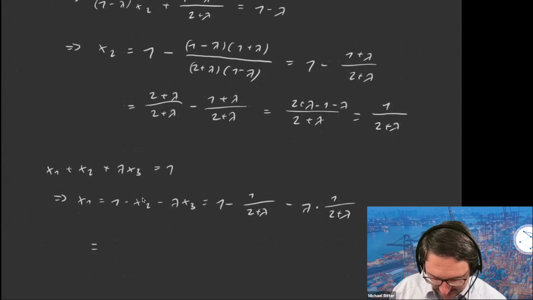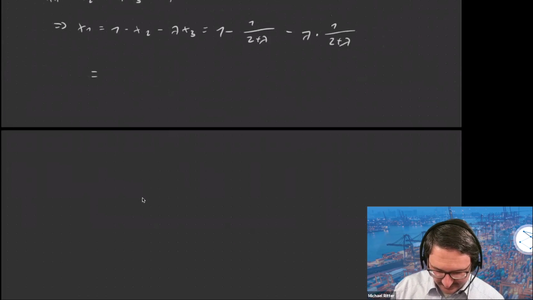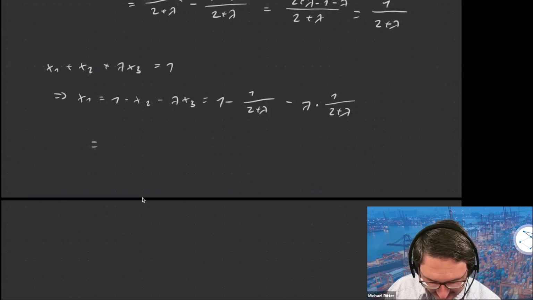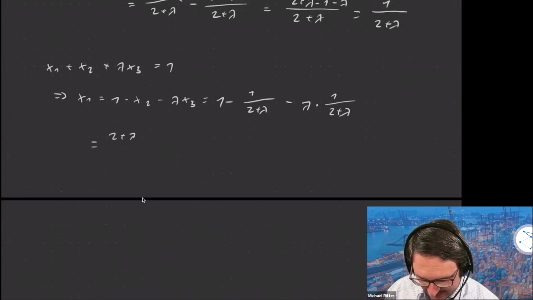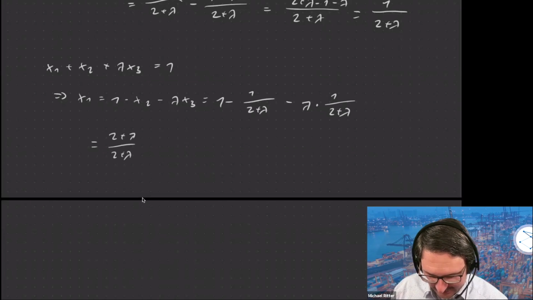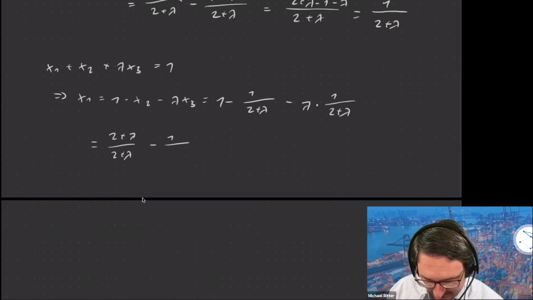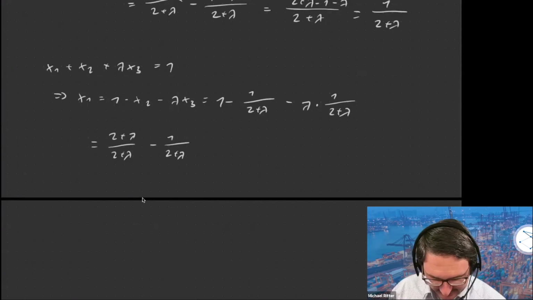And again, let's try to simplify that. Then what we get is the 1 is the same as 2 plus lambda over 2 plus lambda. Then we have minus 1 over 2 plus lambda. And then we have minus lambda over 2 plus lambda.